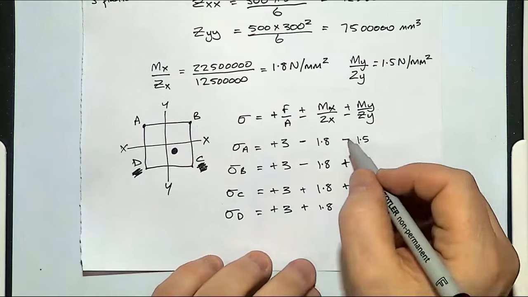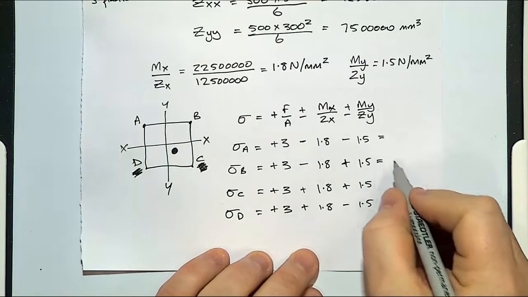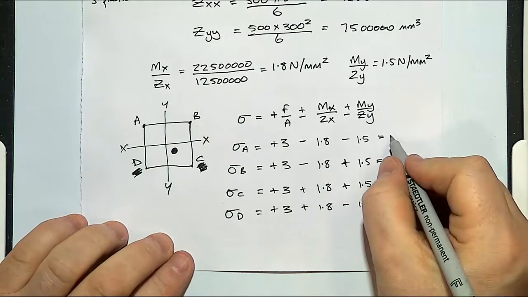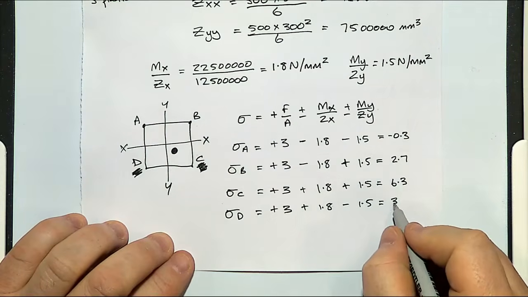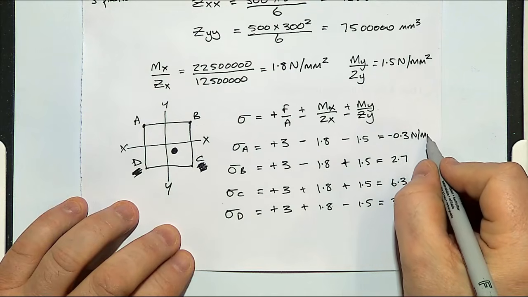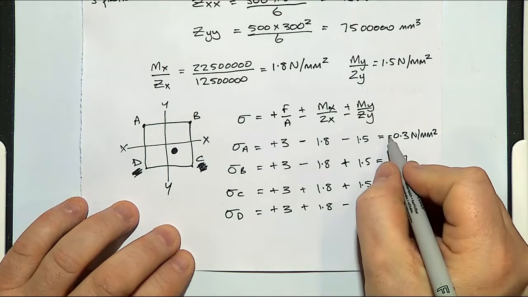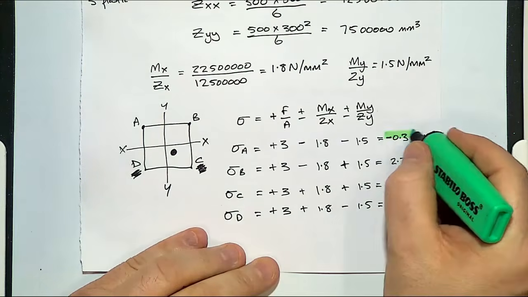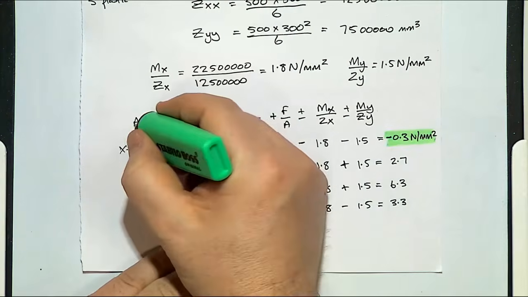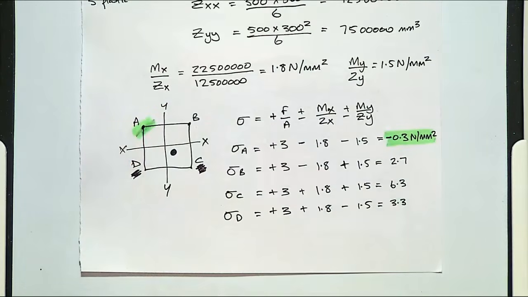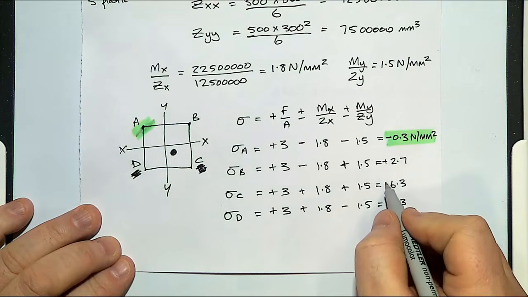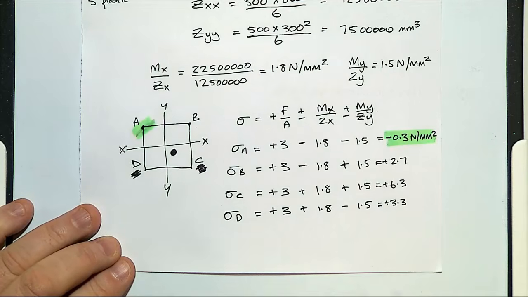So that's why we have minus at A and D. And then it's just a matter of working out these values. They're all in newtons per millimetre squared. There's a slight bit of tension at A. But across B, C and D, it's all positive. So you have compression.